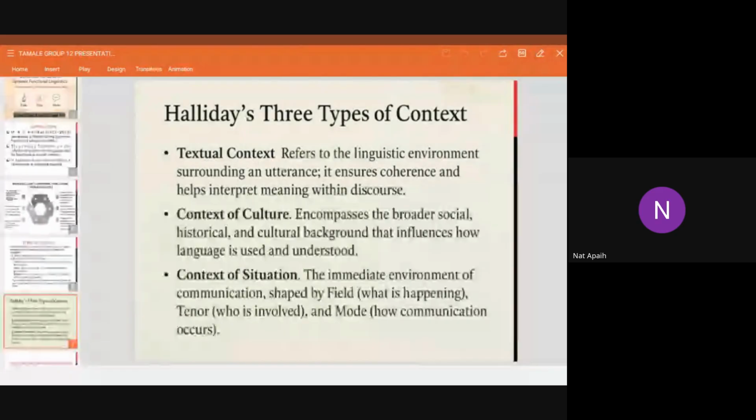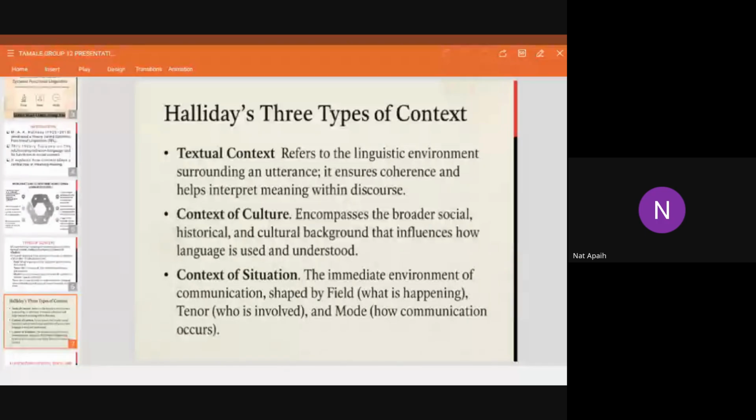So just to throw more light on the three types of context that I mentioned, the textual context, the context of culture, and the context of situation. Textual context here refers to the linguistic environment surrounding an utterance. It ensures coherence and it helps interpret meaning within discourse.